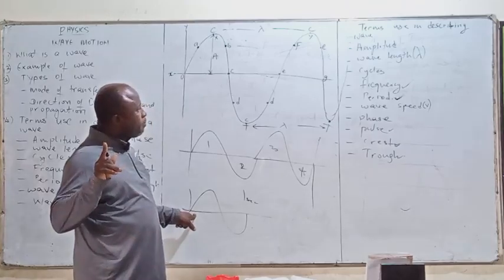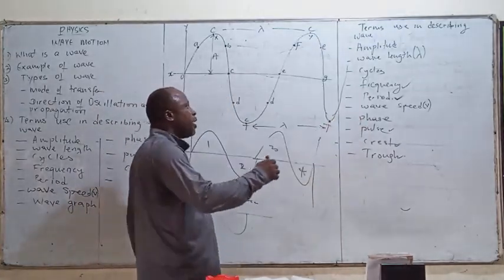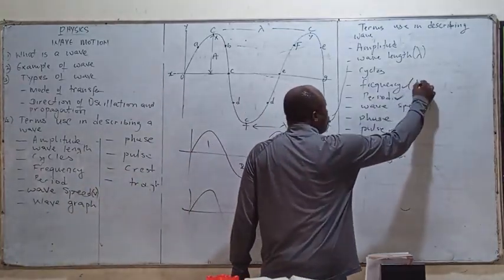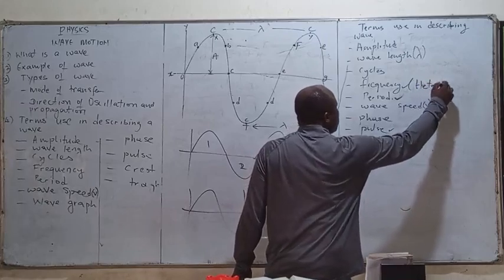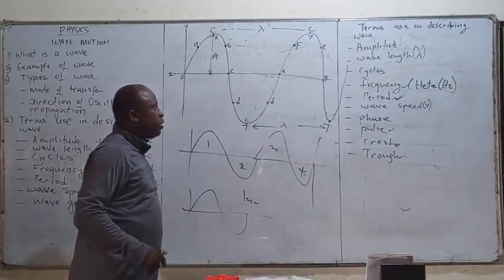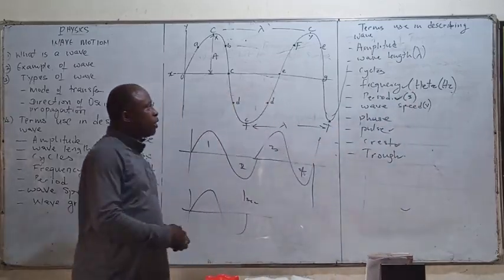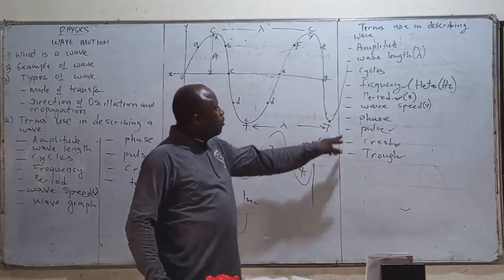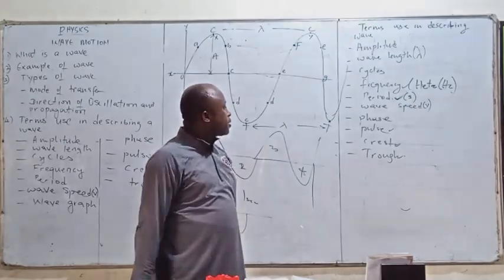I didn't mention the SI unit of frequency. Frequency is measured in hertz, and the symbol is Hz. Period is measured in seconds. Wave speed is measured in meters per second.